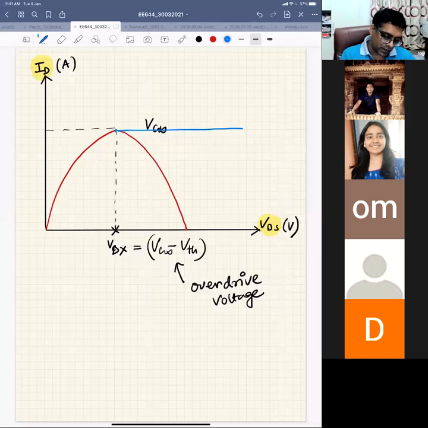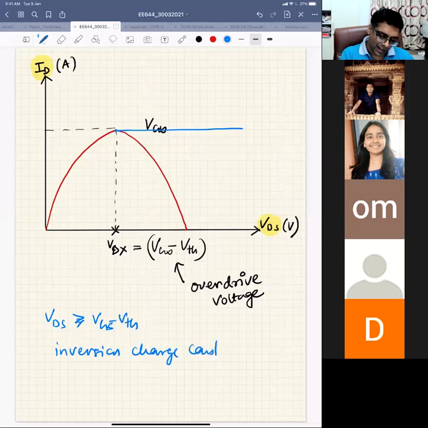If VDS is greater than or equal to VGS minus VTH, your inversion charge is constant and your electric field is also constant.